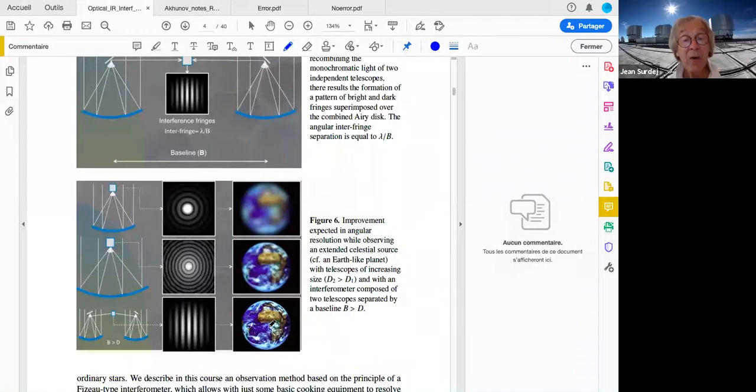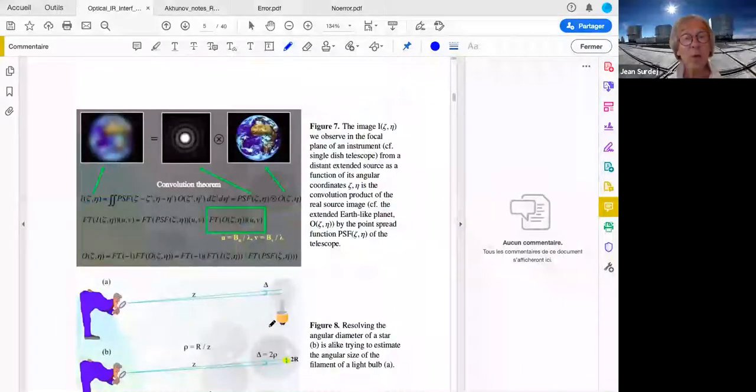Now during these lectures, what we will show is that the image you get of any extended object is a convolution product of the point spread function of your telescope or of your interferometer by the real image of the object you're observing.